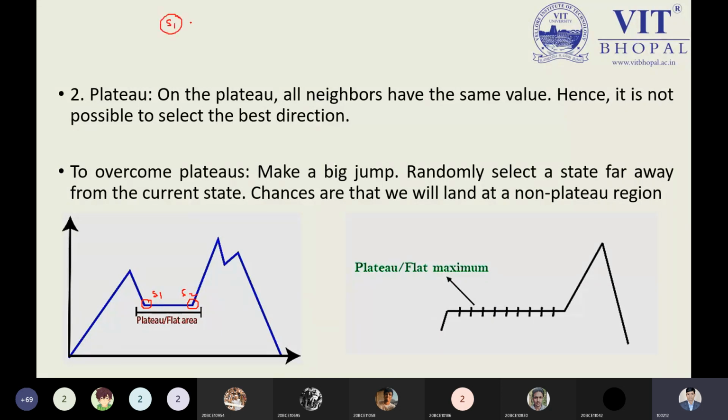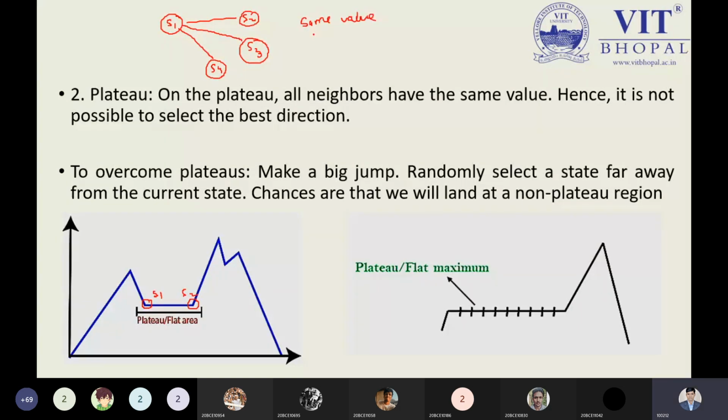I've taken the previous example. Suppose I'm at the current state S2, and S3 and S4, and all these states also have the same values. Same values. This confuses me about which state or next state I must choose to reach my goal node.